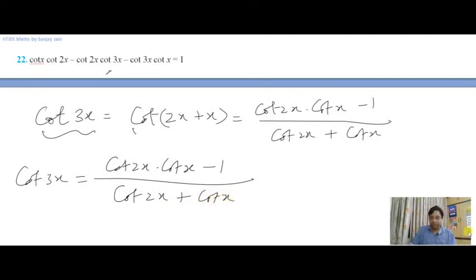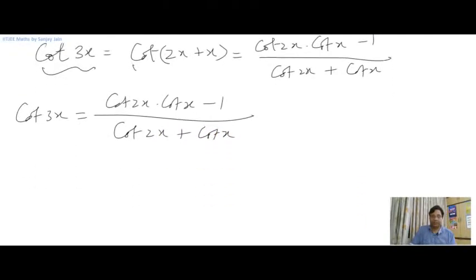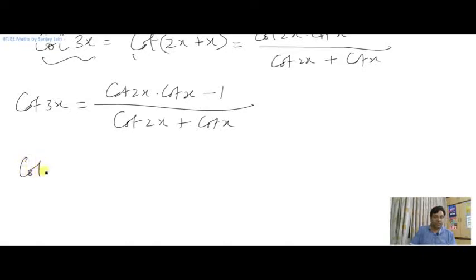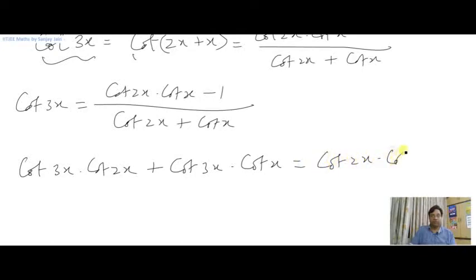The only thing I need to do here is cross multiplication. So if I cross multiply, I'll have cot 3x into cot 2x plus cot 3x into cot x, and it is equal to cot 2x into cot x minus 1.